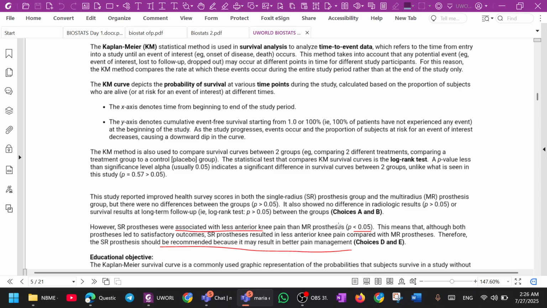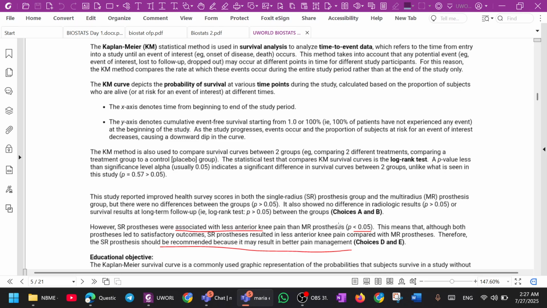A p-value less than the significance level alpha, usually 0.05, indicates a significant difference in survival curves between two groups, unlike what is seen in the study group. P equal to 0.57, more than 0.05.